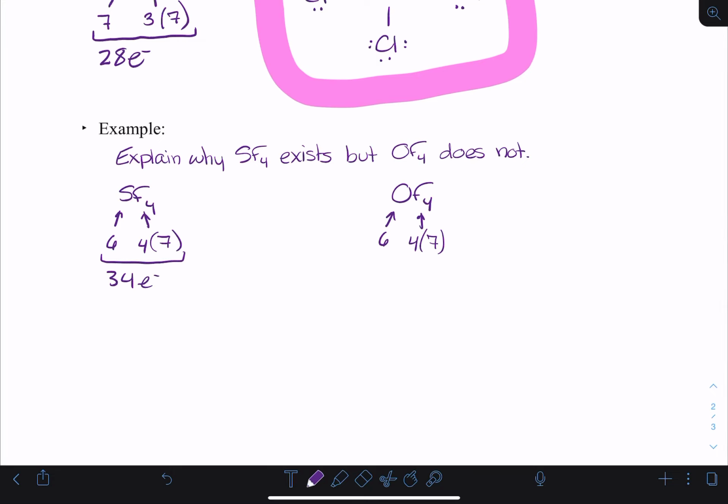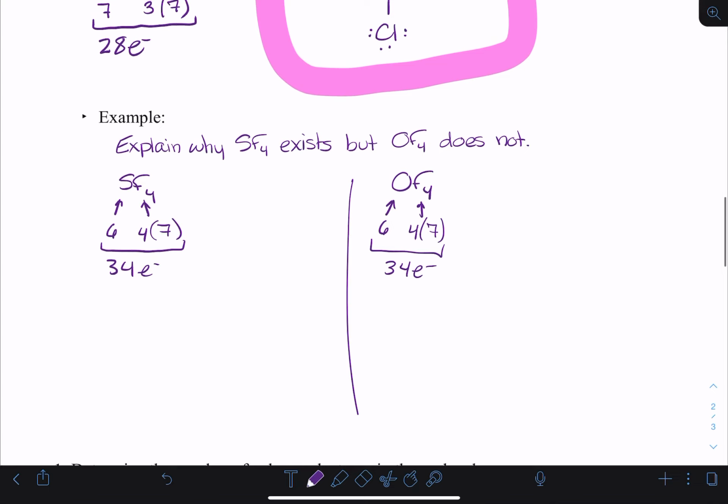So we'll have 34 electrons in this structure, 34 electrons in this structure. So when we draw our structure, our sulfur is going to go in the middle over here. Our oxygen is going to go in the middle over here, with our fluorine atoms arranged around it.